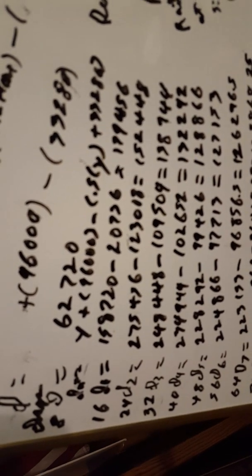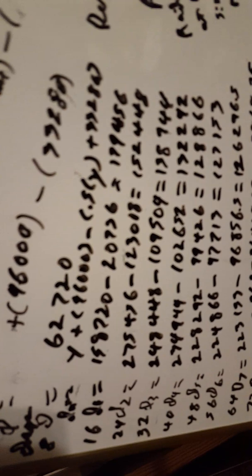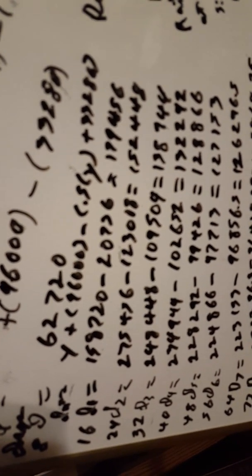D sub 1, D to the nth, equals Y plus, in this case, X times Z minus 0.5 times Y plus the P to the Z minus 1 over Z plus Z minus 2 over Z plus Z minus Z over Z, which in this case happens to equal 33,280.